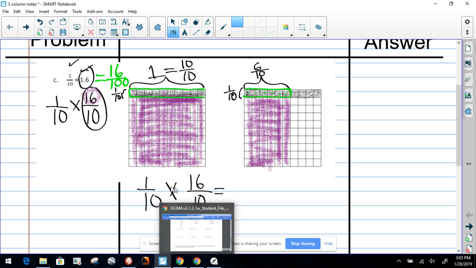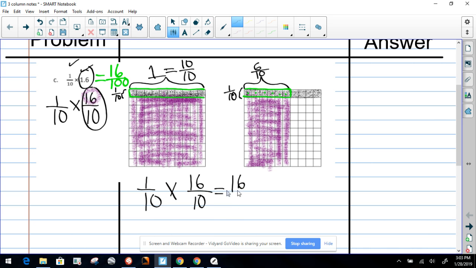When you multiply 16 times 1 equals 16, and 10 times 10 equals 100. And this has to match our answer right here, 16/100. And it has to match 1, 2, 3, 4, 5, 6, 7, 8, 9, 10, 11, 12, 13, 14, 15, 16. So now we can see our answer is correct.